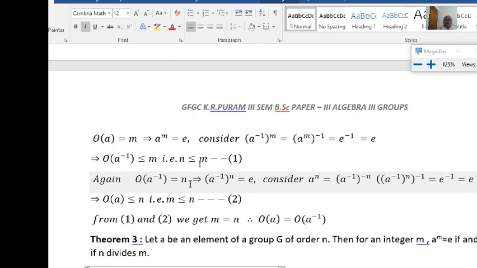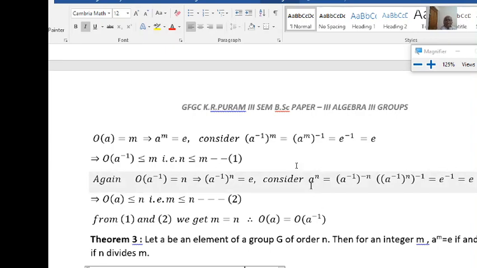And here consider A power of N. A power of N can be written as A power of minus 1 to the power of minus N. Right? And this can be written as A to the power of minus 1 to the power of N whole to the power of minus 1. And A inverse to the power of N is equal to E. So this quantity is equal to E raised to minus 1, which is nothing but E.